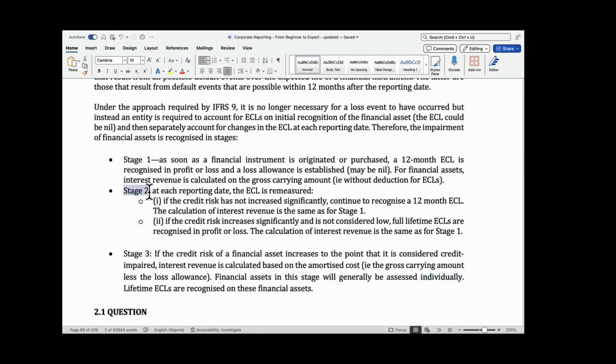Knowing whether to classify at stage one or stage two, they can do that on a portfolio basis. You don't have to look at investment by investment. But as soon as there's a default event or credit impairment, then you need to know which one has actually defaulted, and you would direct the impairment loss to that one primarily.